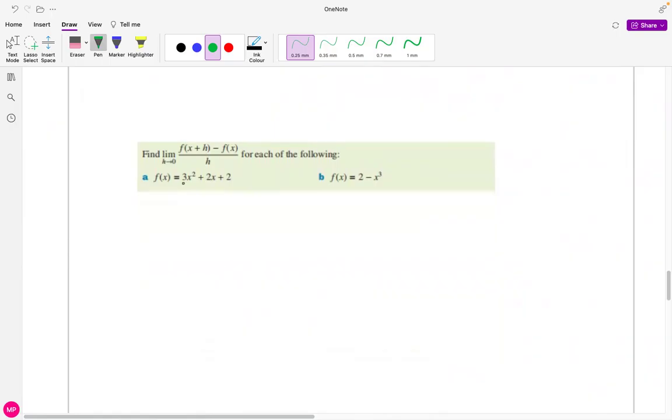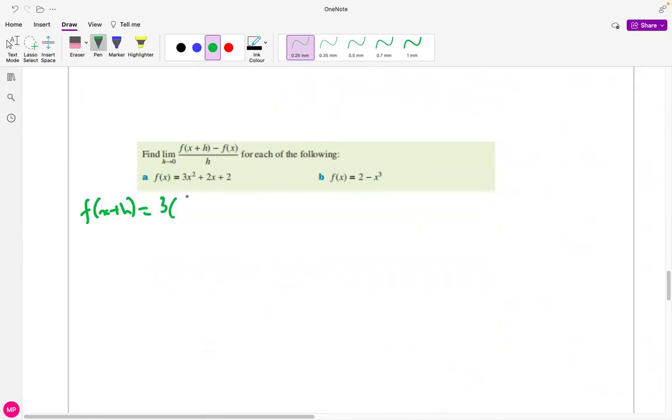Now, let's do this one. Use first principle to find the derivative of this. So we have the limit of h approaching 0. f of x plus h is not given to us, f of x has been given. So I just write here f of x plus h, where you substitute the letter x with x plus h.